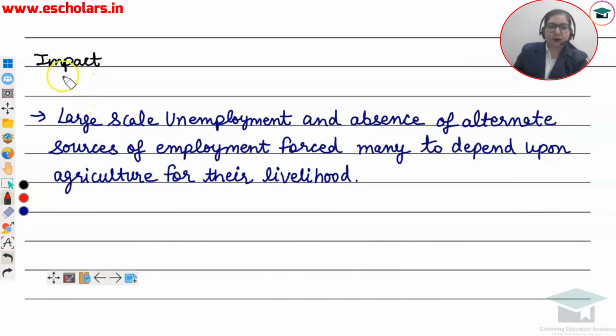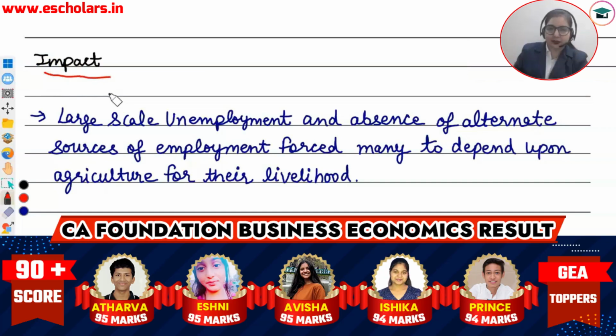Now students, we will talk about the impacts of de-industrialization of Indian handicraft industries. Due to de-industrialization of Indian handicraft industries, most of the people lost their jobs, or most of the people lost their work, right? So their source of livelihood was no longer with them. So de-industrialization of Indian handicraft industries created large-scale unemployment.